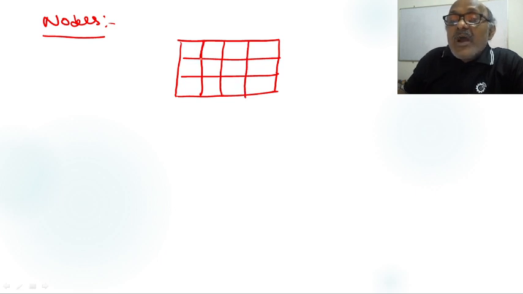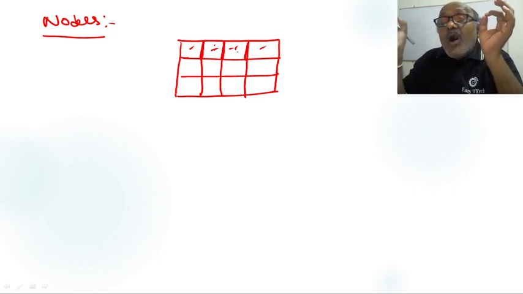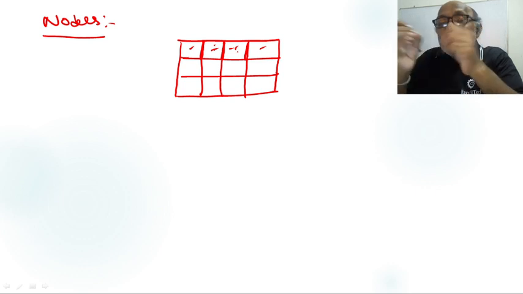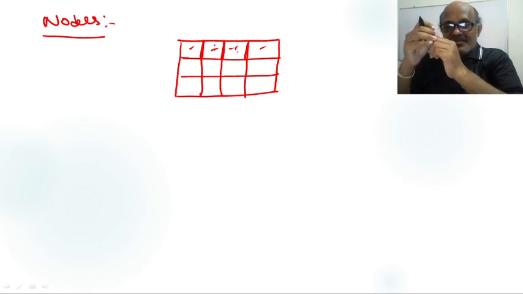This is one element, this is another element. This is a joining point for this element and this element. It is a joining point of small pieces, that is elements, and these are called nodes.